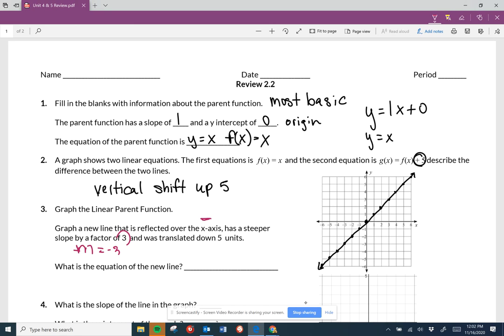So shifted down 5 units means that our new b value is going to be -5. Okay, so let's go ahead and put that -5 on the graph, and then we can just continue the line with our -3. So I'm going to go up 3, left 3, up 3, left 3, and that is going to be my new line. Okay.